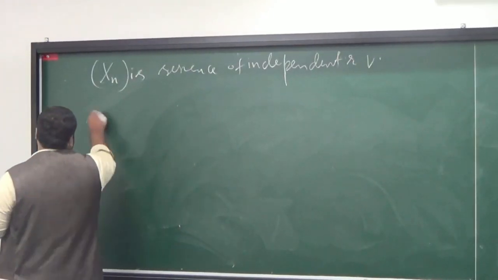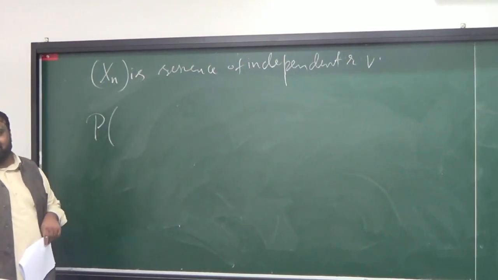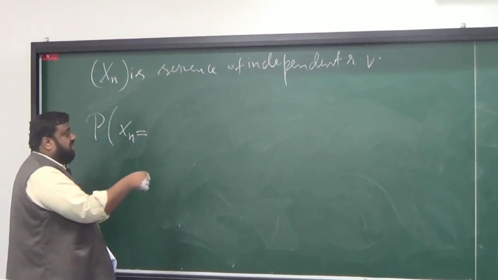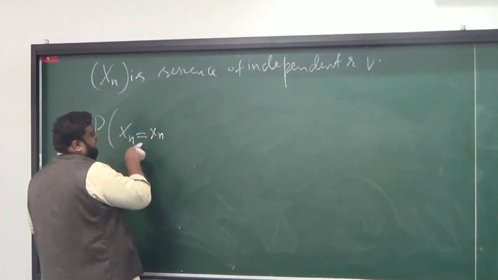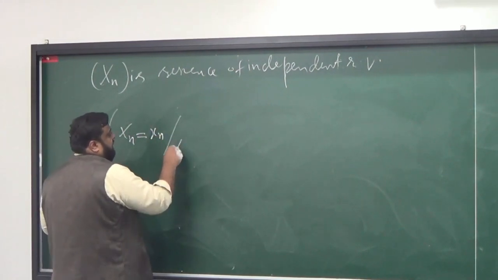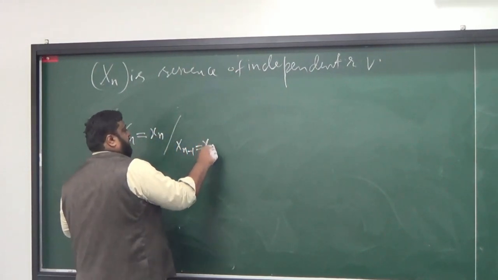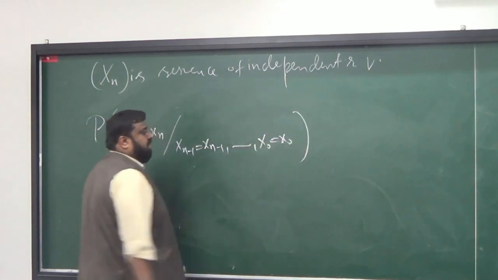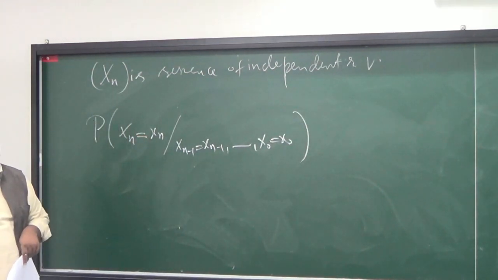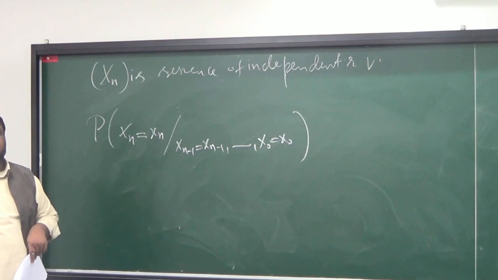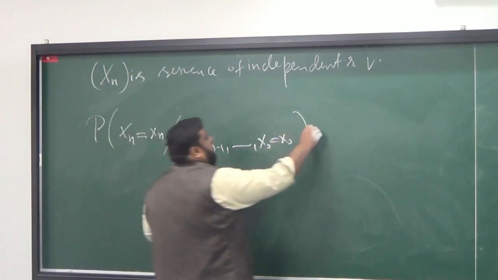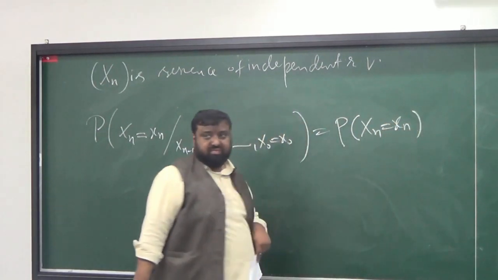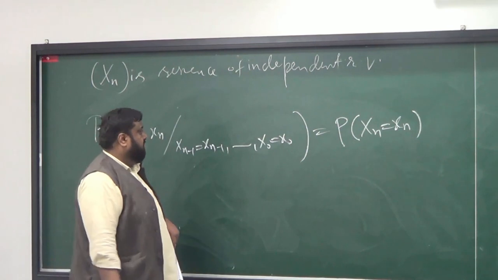Let's think about it. I have Xn, and I need to compute two probabilities by definition. One would be the probability of Xn given Xn minus 1, and given that Xn minus 1, up to X naught, equal x. What would be this probability? It should be the same as the probability of Xn being x.